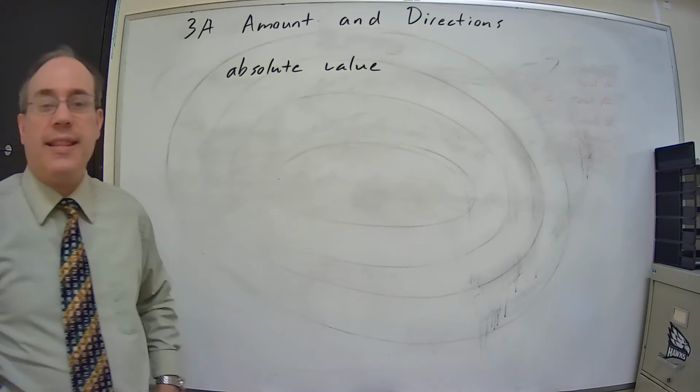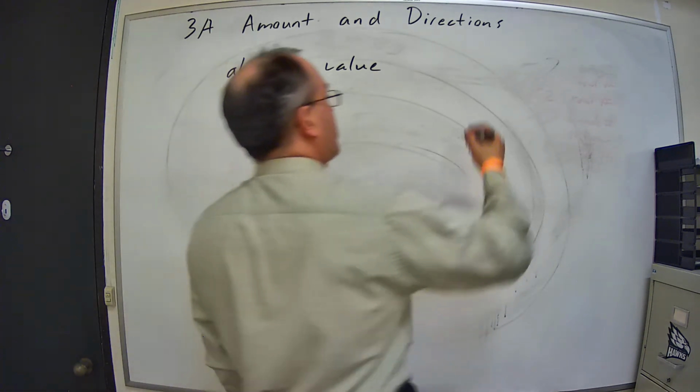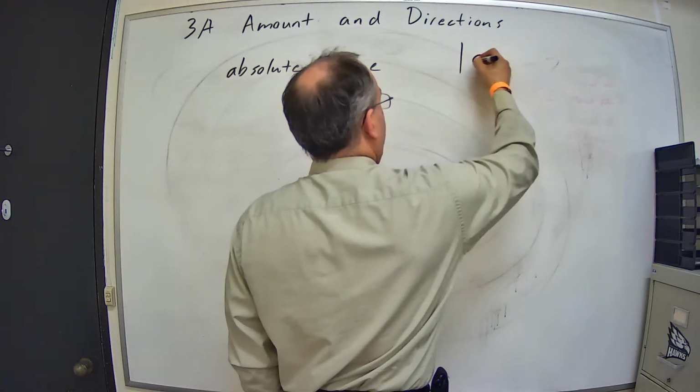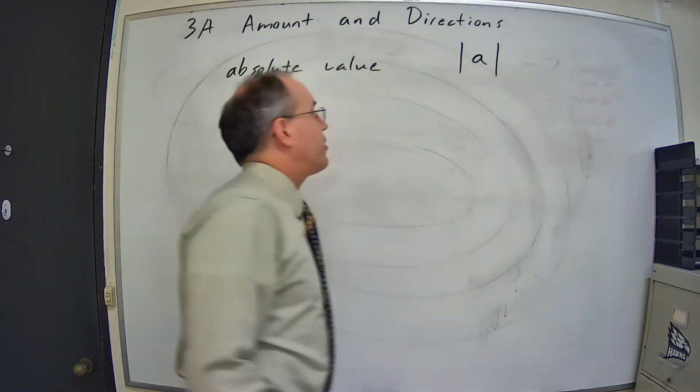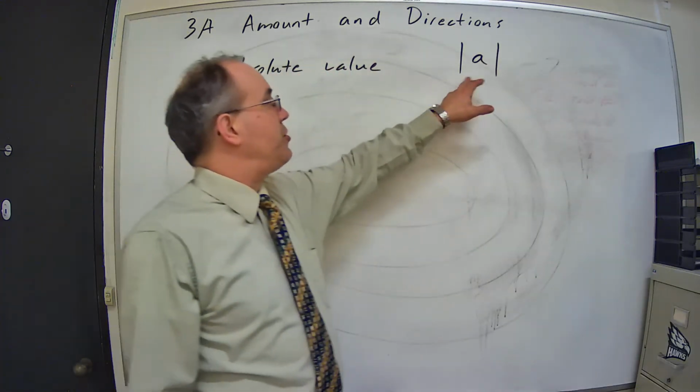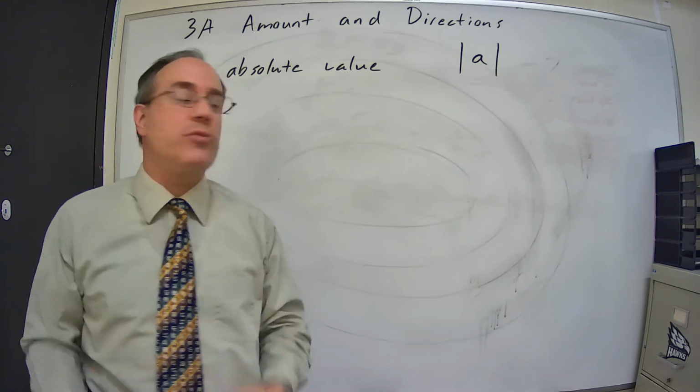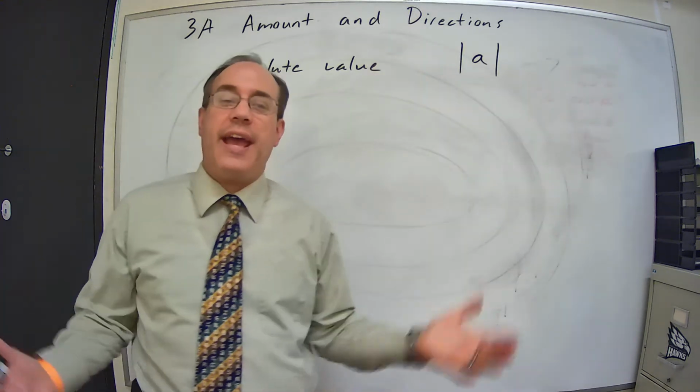If we're trying to take the absolute value of something, we do a vertical line with whatever we're taking the absolute value of, and another vertical line. So those two lines tell us we're taking the absolute value of whatever A happens to be.